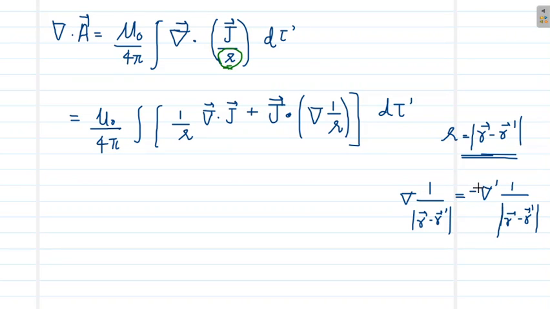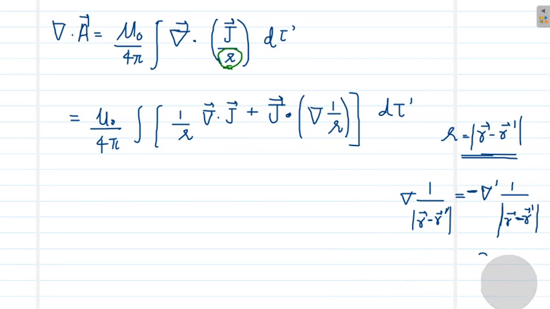Here del and del dash are different. In del we take dou by dou x, dou by dou y and dou by dou z. In del dash we take dou by dou x dash, so the coordinates are with respect to the positions of the charge in del dash, and for del it is the x, y and z. Since r bar dash is inside a negative sign, we have to add another negative sign, giving minus del dash of 1 by r bar minus r bar dash.